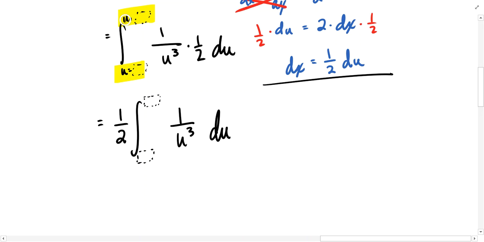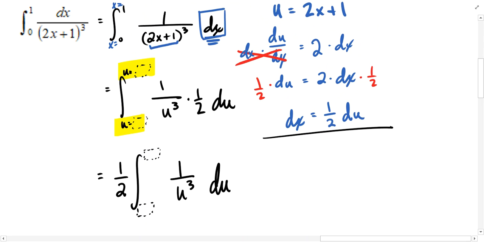We're just simply going to state what u is equal to in terms of x. Now, our upper boundary, I'm going to say u sub u, our upper boundary is simply the u equation, u equals 2x plus 1, where x is being substituted with the upper boundary of x from before.